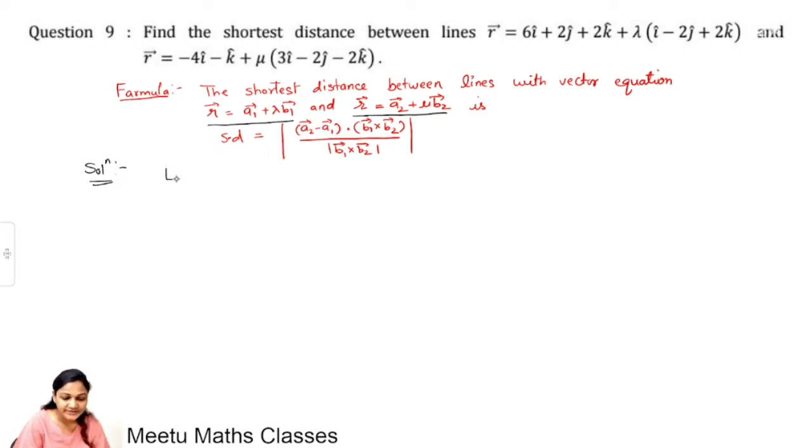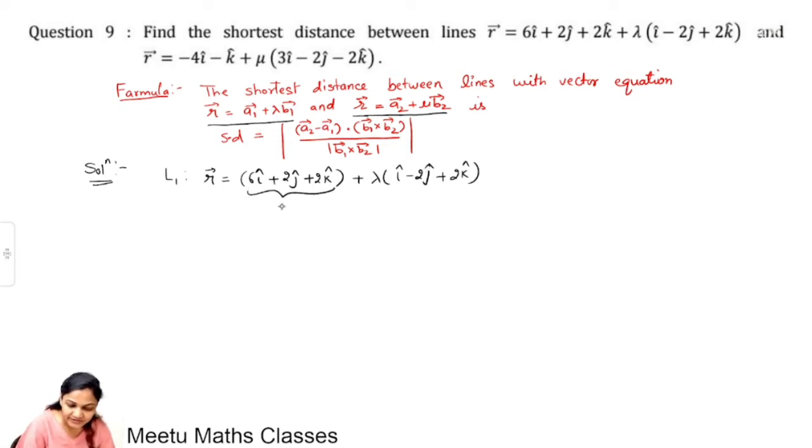Your first line is given to you as r equals 6i plus 2j plus 2k plus lambda times (i minus 2j plus 2k). So from this line you can extract your a1 vector and this will be your b1 vector.